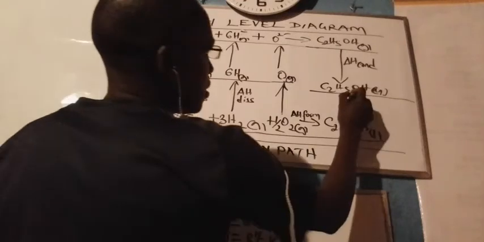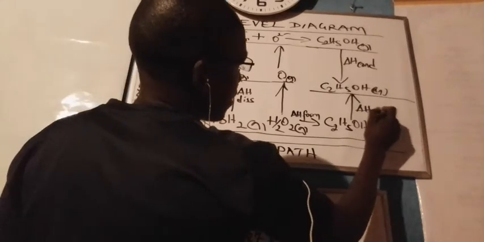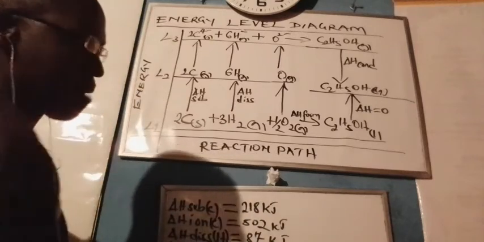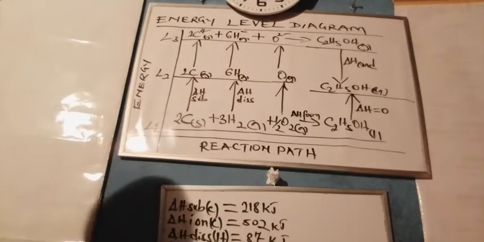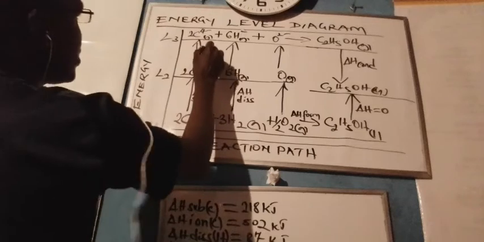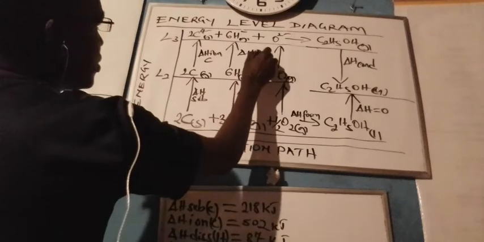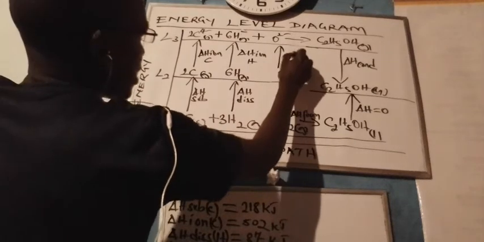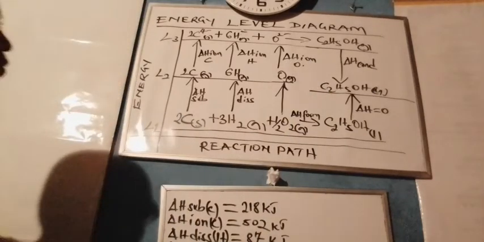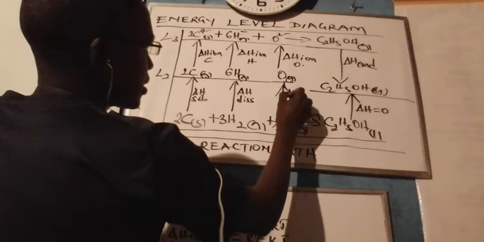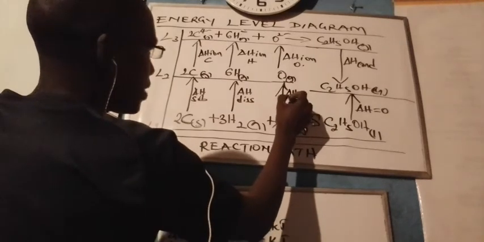Now, since this is a level which is intermediate, we will want to complete the cycle, which is the Haber cycle. And this will represent a delta H equivalent to 0 of the Haber cycle. Now, we have a delta H ionization of carbon, a delta H ionization of hydrogen, a delta H ionization of oxygen. So, in a nutshell, each process proceeds into 3 distinct levels, beginning from the base, moving upwards.